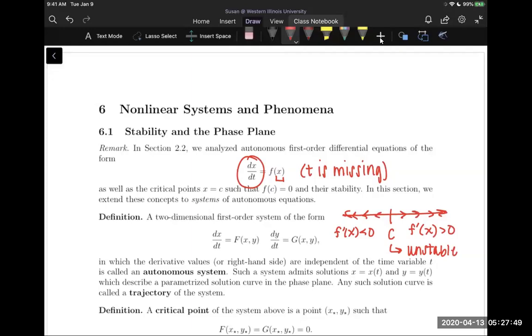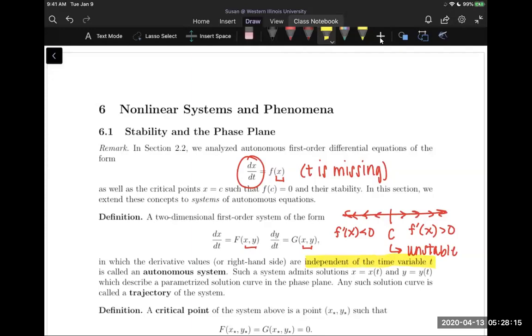This section is going to just generalize these concepts. Instead of looking at a single differential equation, now we're looking at systems. So you can see our first definition here is going to be working with the system. You'll notice that this also is omitting the independent variable t. So that's what I have listed here. They're independent of the time variable t. So this is called an autonomous system.